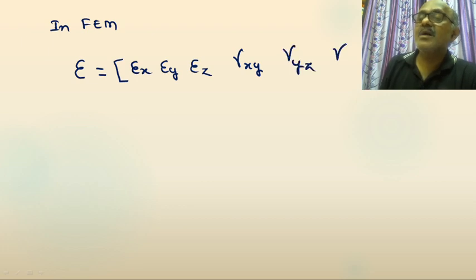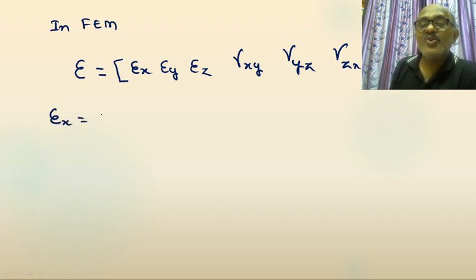In the finite element method, strain is nothing but six terms: three normal strains, epsilon x, epsilon y, epsilon z, and three shear strains, gamma xy, gamma yz, gamma zx, whole power transpose. We know epsilon x.